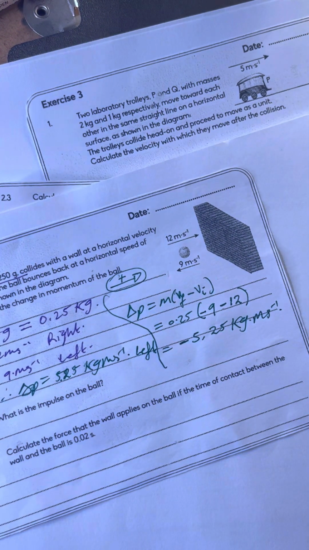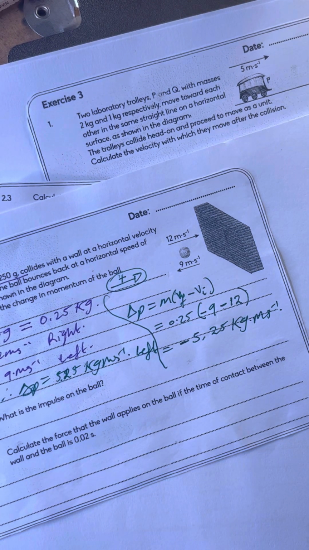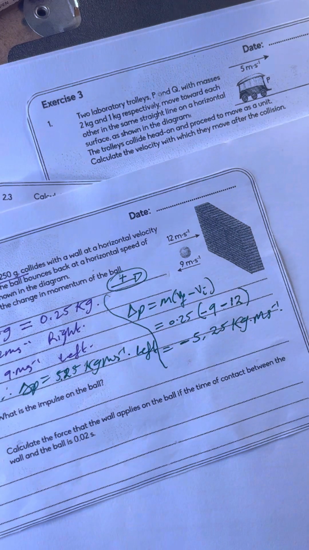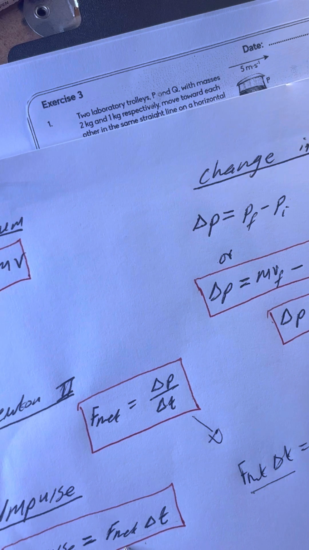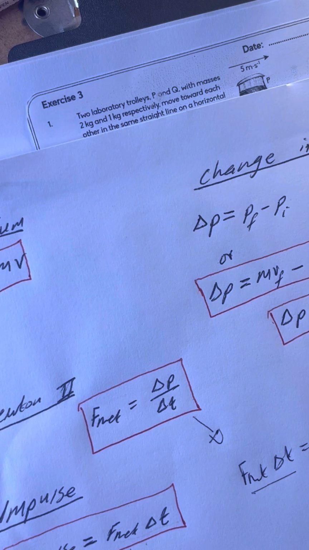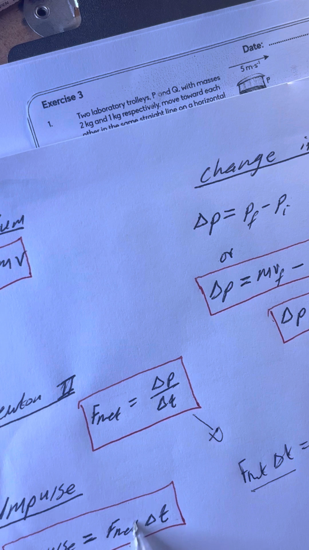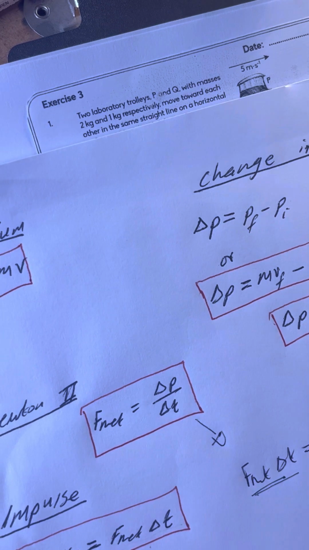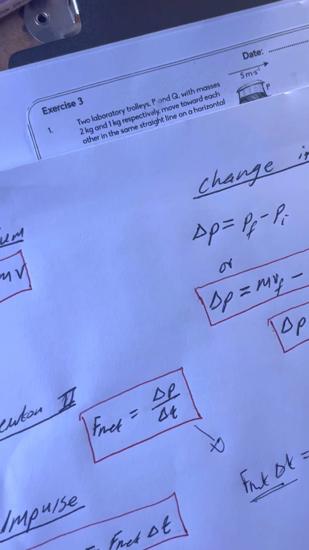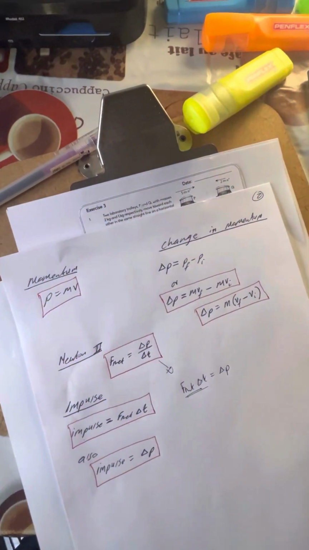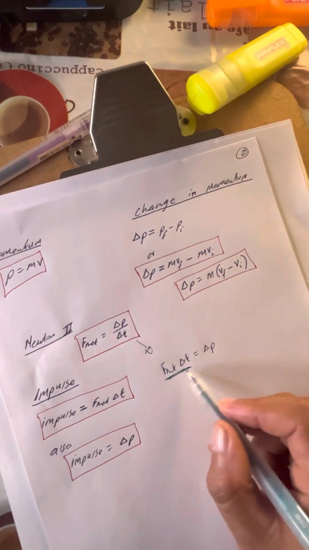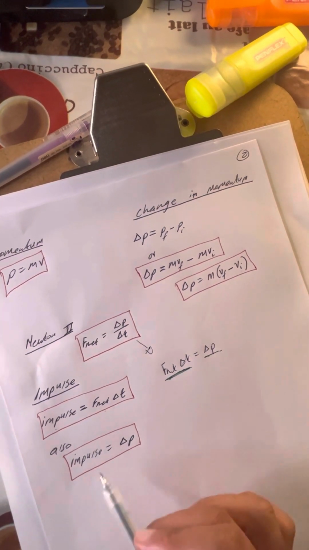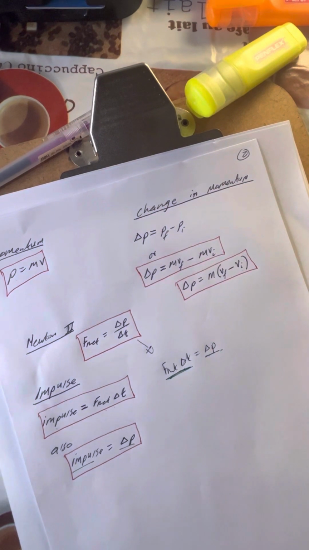Question 1.2, what is the impulse on the ball? Remember earlier on we said that impulse is the product of the net force acting on an object and the time for which the net force acts on the object. But impulse equals this value, which is also equal to the change in momentum.